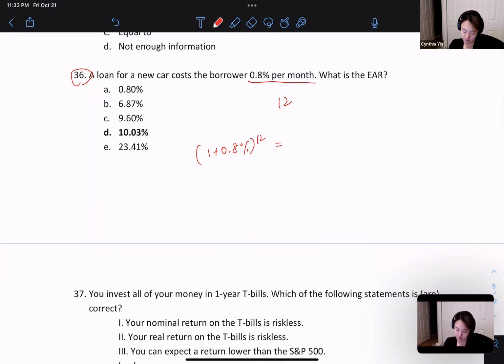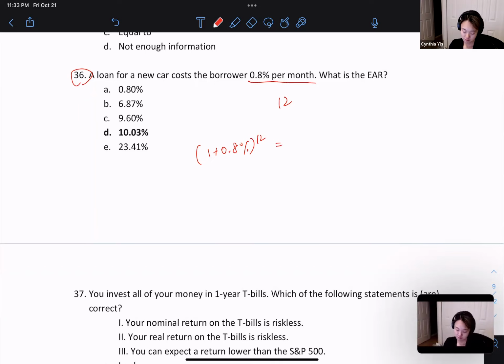By riskless, it means you are sure what the return will be. But as we used the formula already, your real return equals 1 plus nominal divided by 1 plus inflation, minus 1, right? You know this one for sure, but you don't know what the inflation will be. So you are not sure about what your real return will be.